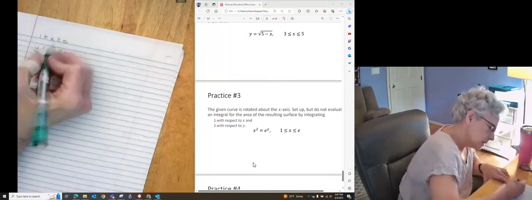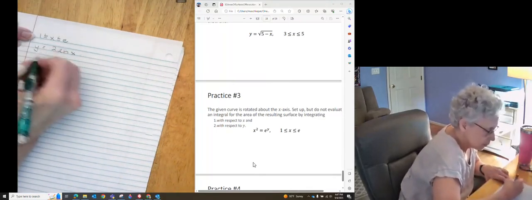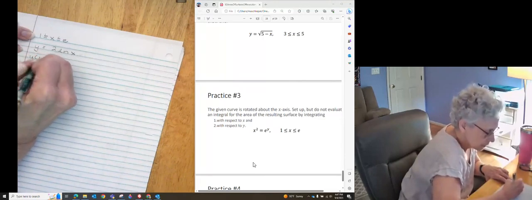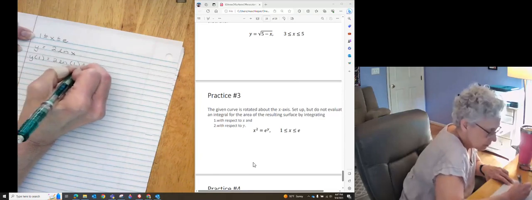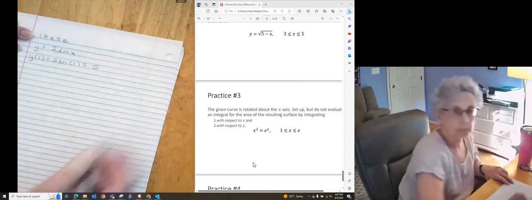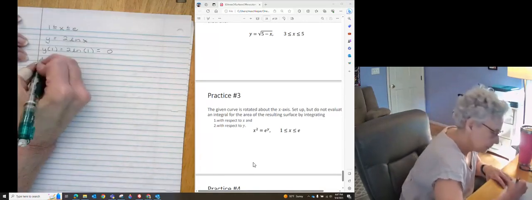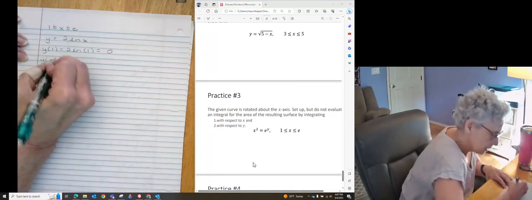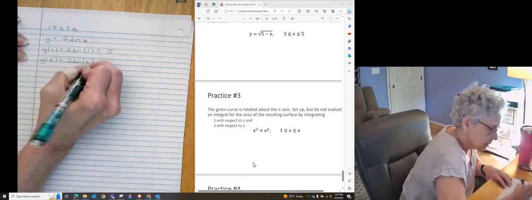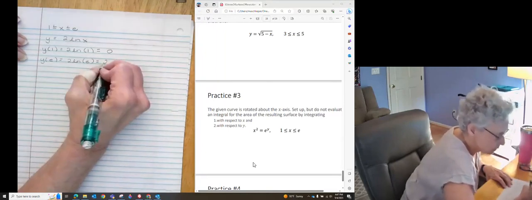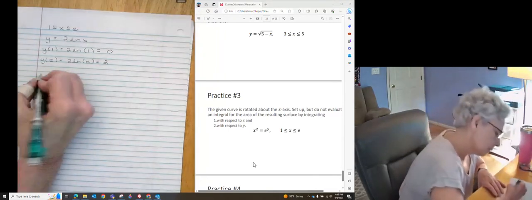So that means when x is equal to 1, y evaluated at 1 would be 2 times the natural log of 1, which would be a big fat 0. And y evaluated at e would be 2 times the natural log of e, which is 2 times 1, which is 2.